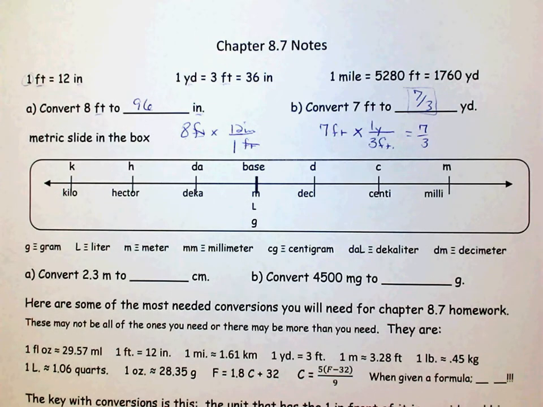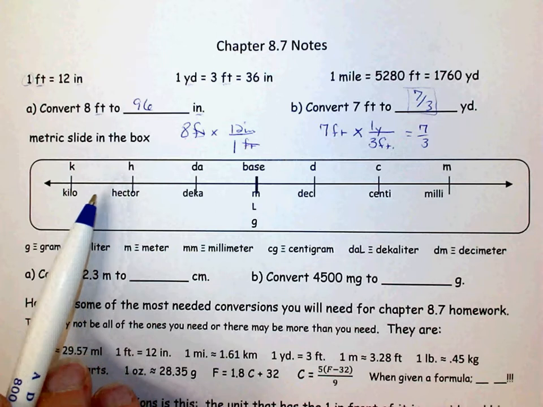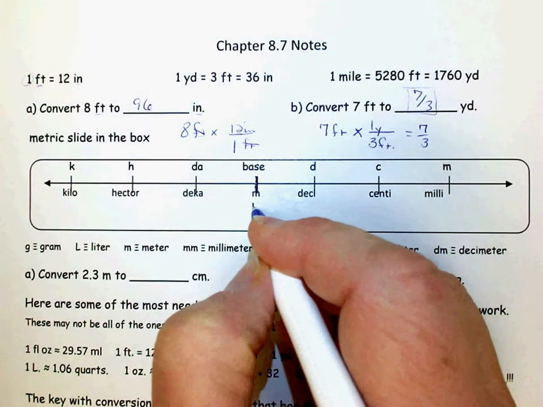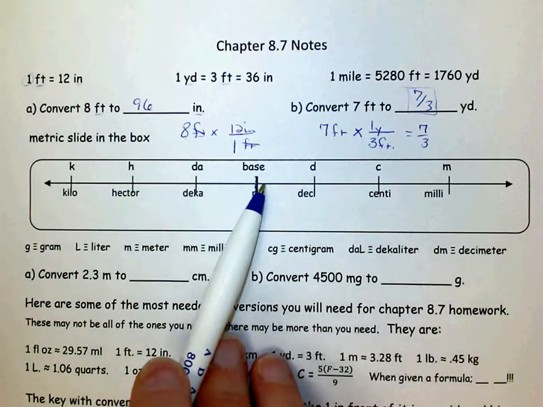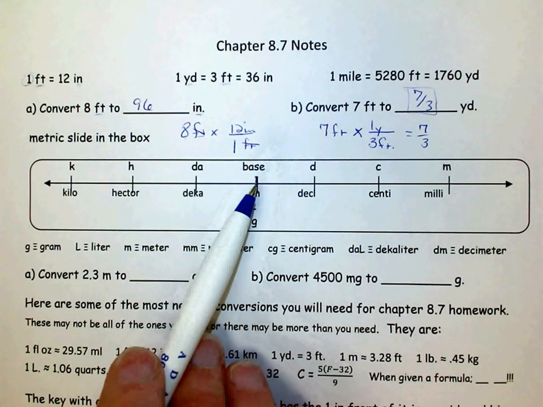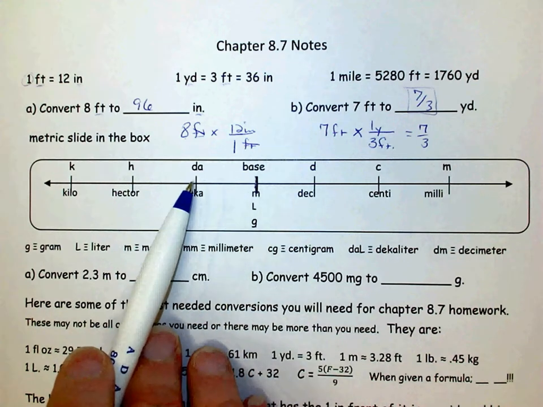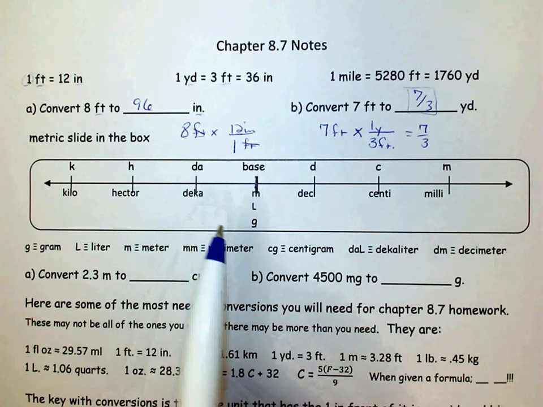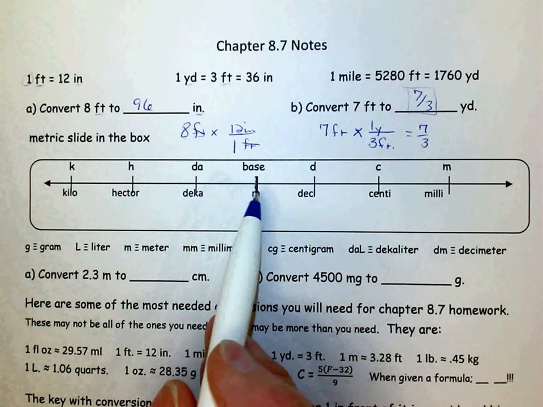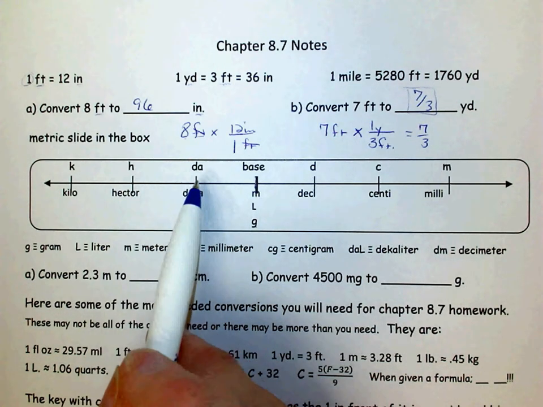Now, the metric slide in the box. Your base is meters, liters, grams. Then going to the left happens to get bigger. So, unlike our number line, where you get bigger as you go to the right, in the metric slide, you get bigger as you go to the left.